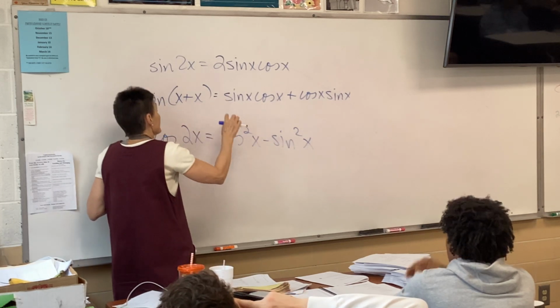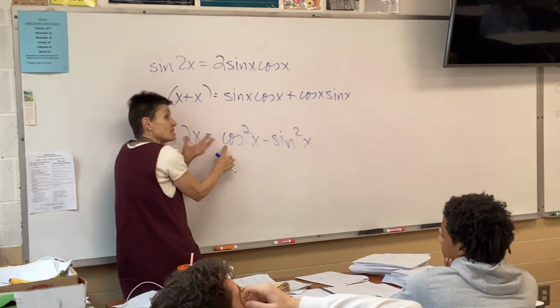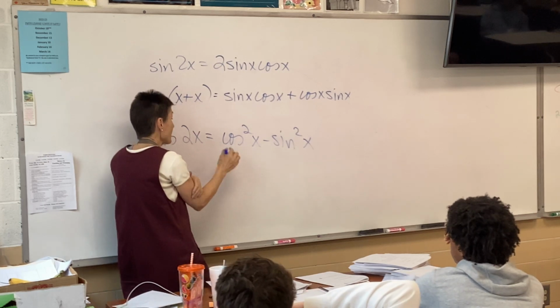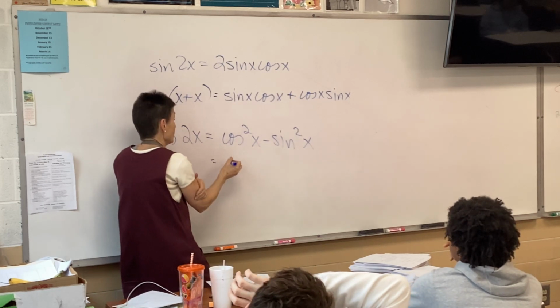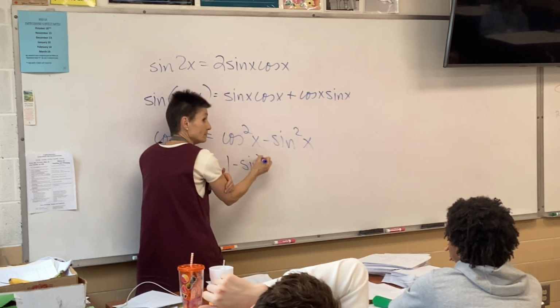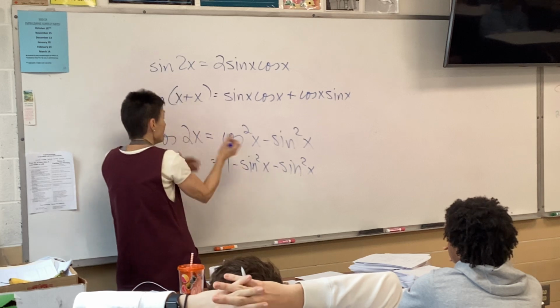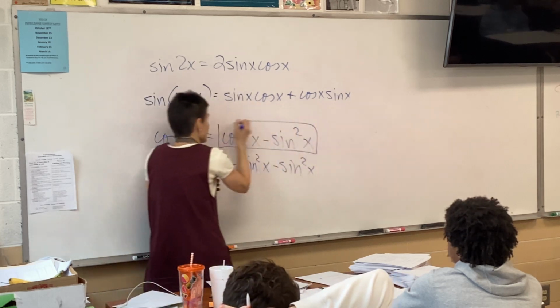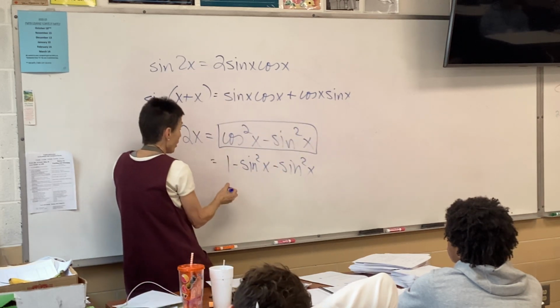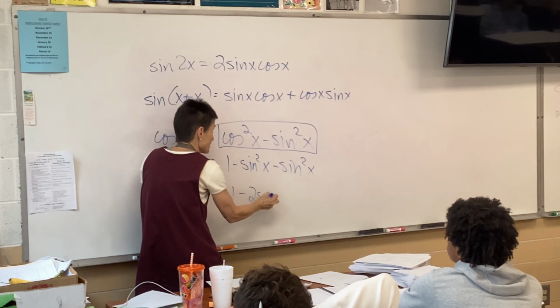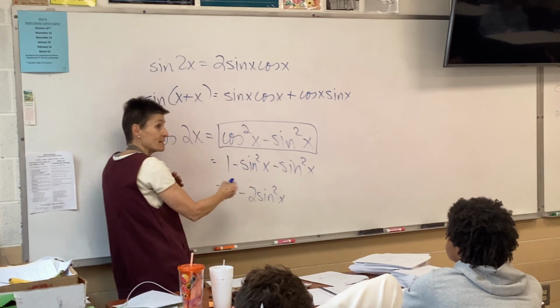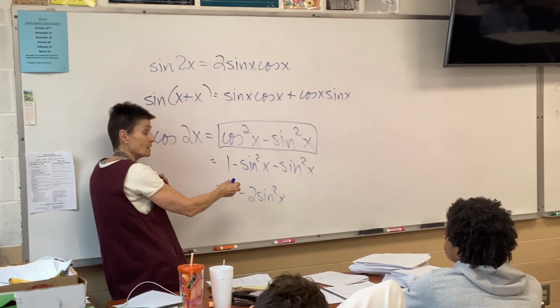But cosine squared is special. Cosine squared is 1 minus sine squared. So this identity, the main one, is this one. But it's also 1 minus 2 sine squared. Would you agree with that? That would be another version of it.